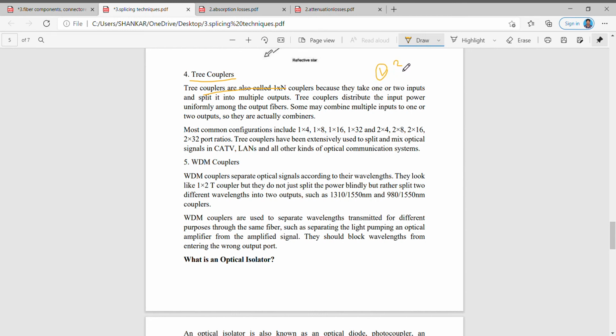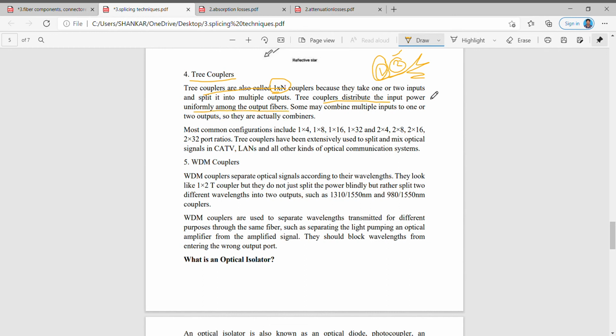This one input can be divided into a number of branches. That's why it is called the tree coupler. It has only one input and n number of outputs. The tree coupler distributes the input power uniformly among the output fibers.